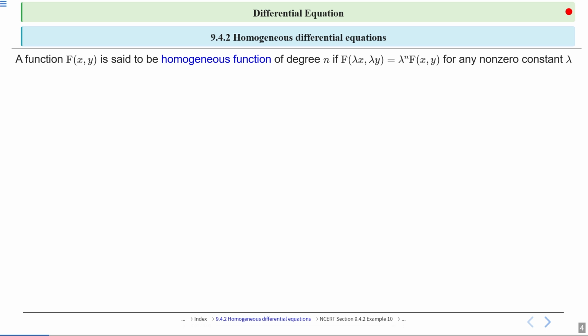For example, there is a first function f1(x, y) is y square plus 2xy.